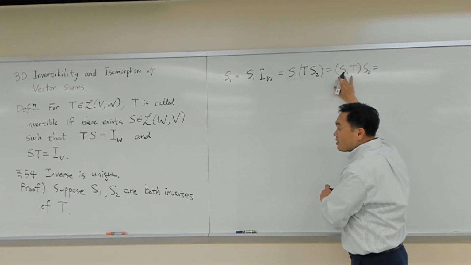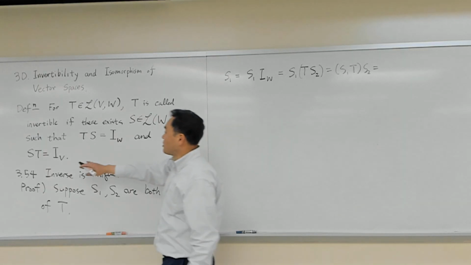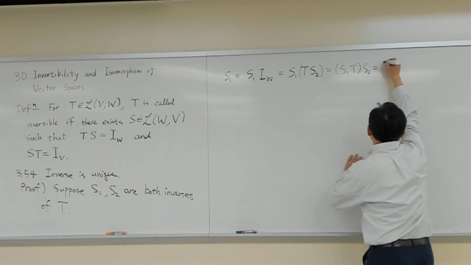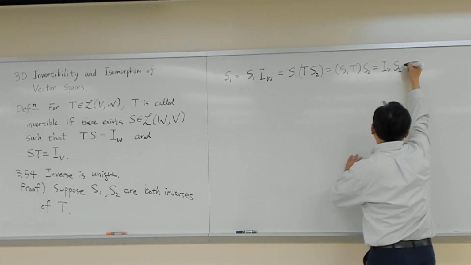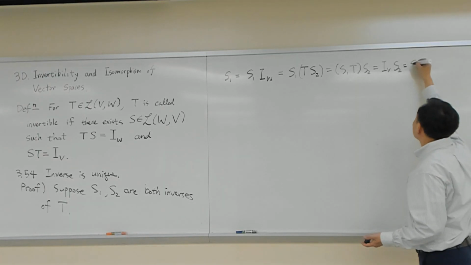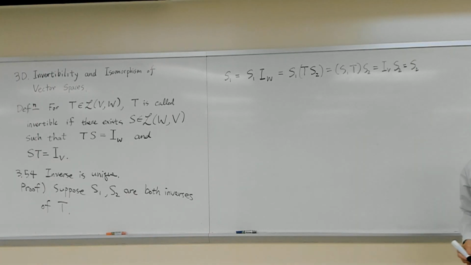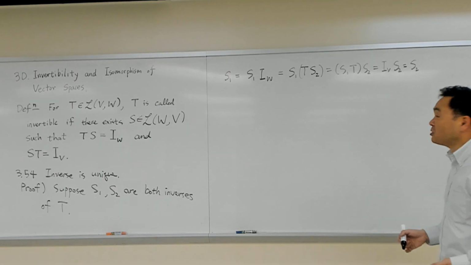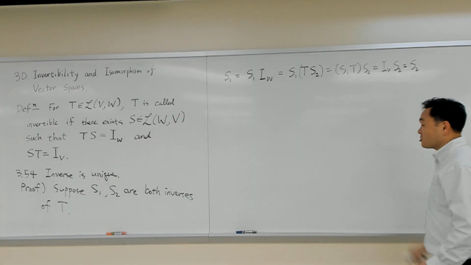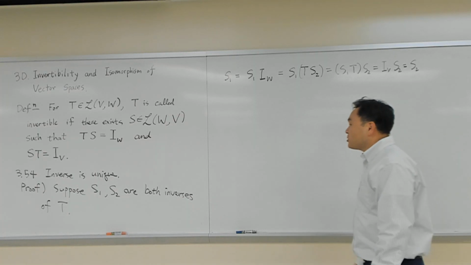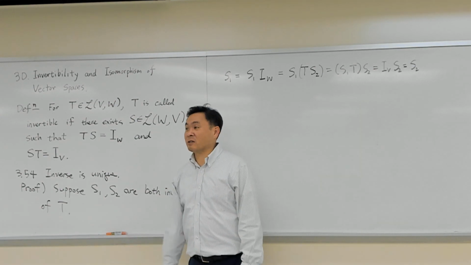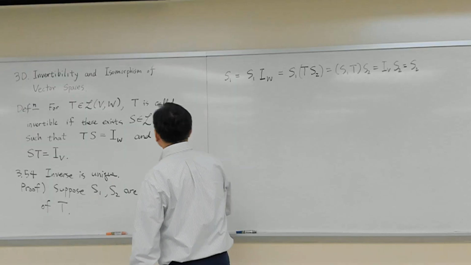Well, if you have S and T, then this is same as IV, right? Identity on V, so you end up with identity on V times S2. But what's that? That's just S2, right? Yeah, identity doesn't do anything, so multiplying an identity to a linear map doesn't change it, so you just get that, okay? So this shows that S1 is equal to S2, thus showing uniqueness, okay?